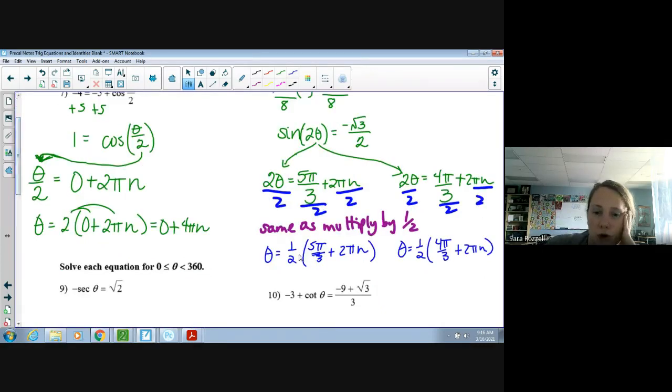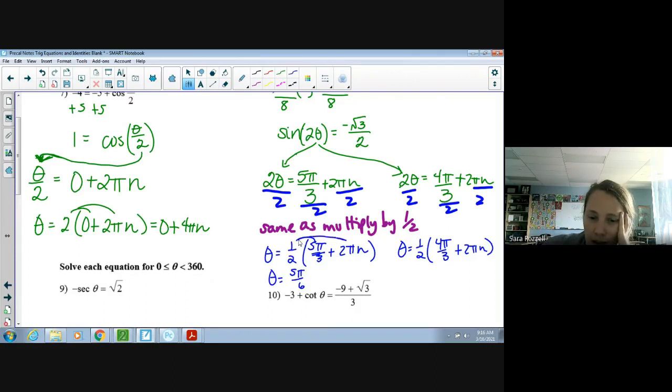I just like the 1/2 when you're multiplying by the fraction instead of trying to think about dividing by 2. It's easy to see how you get the next fraction. So 1/2 times 5 pi over 3 is 5 pi over 6, as the 2 and the 3 multiply together, and the 1 and the 5 pi multiply together.